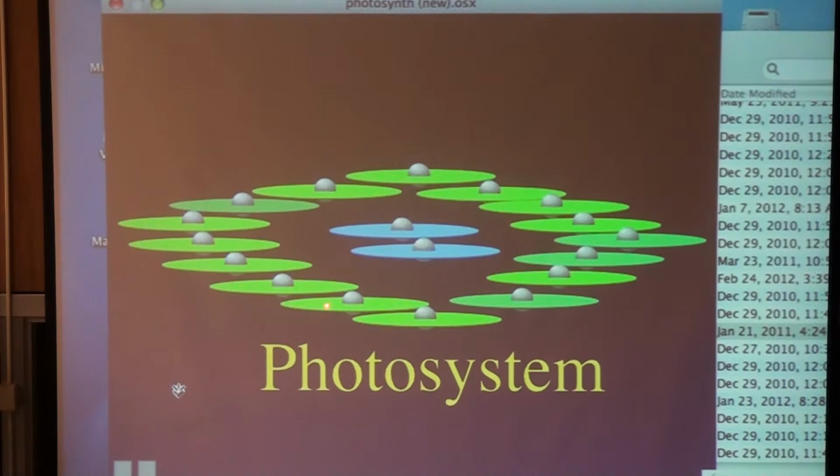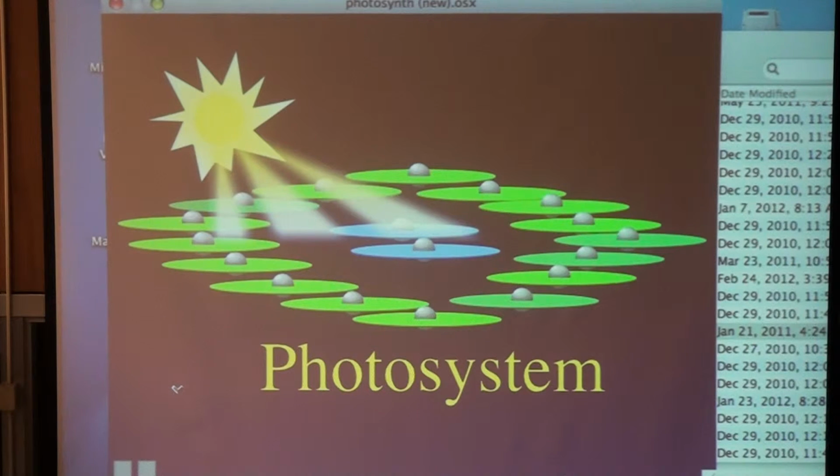When the sunlight shines on a photosystem, an electron that's energized in one of the chlorophyll molecules can be passed around to the other chlorophyll molecules within the photosystem, sort of bounces around, but eventually it gets trapped right here in the middle. There's a special pair of chlorophylls there called the reaction center, or sometimes they're just called the special pair.